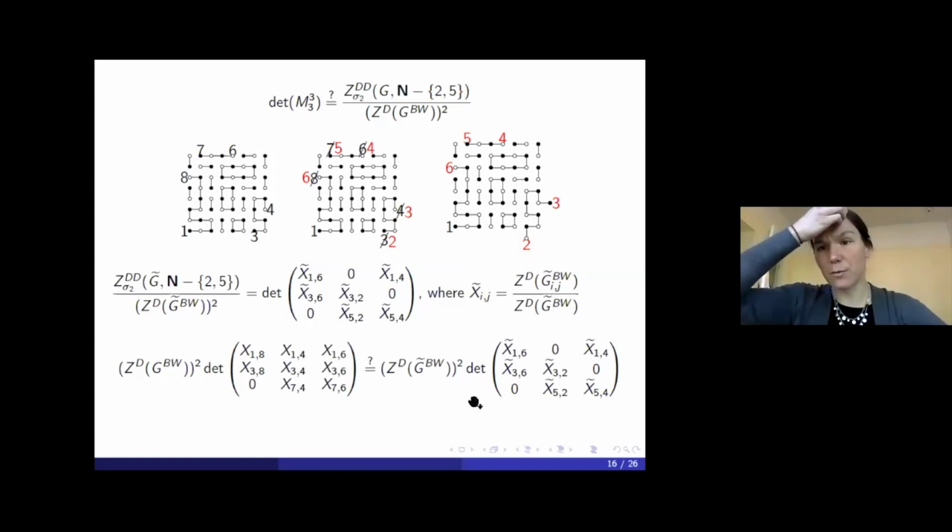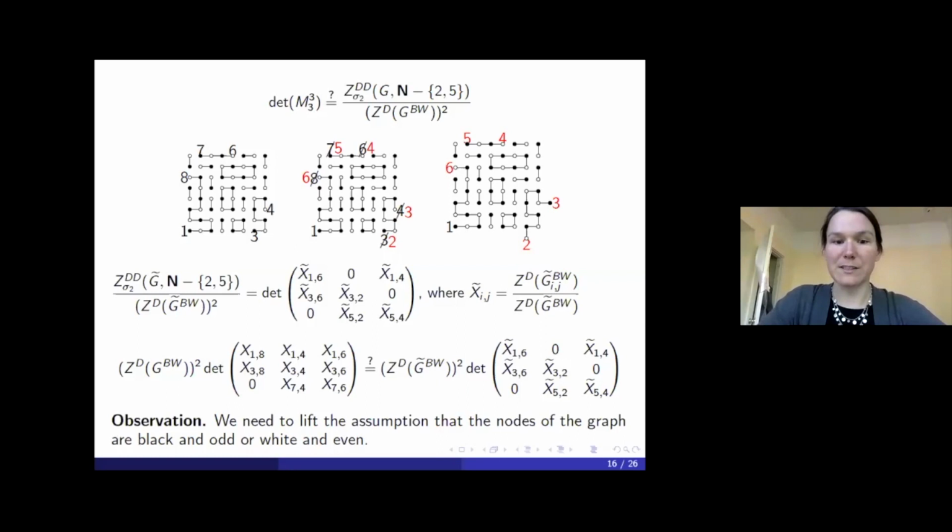It's just a really messy computation that involves a lot of algebra, and I don't mean abstract algebra, I mean college algebra, and the computations get worse and worse when you increase the number of nodes on your graph. And so the observation this leads to is we really just need to lift this assumption from Kenyon and Wilson's work that the nodes of the graph are black and odd or white and even.